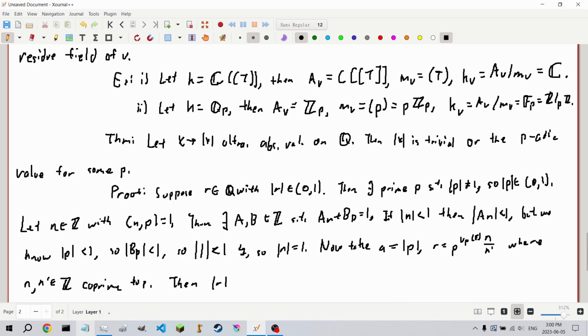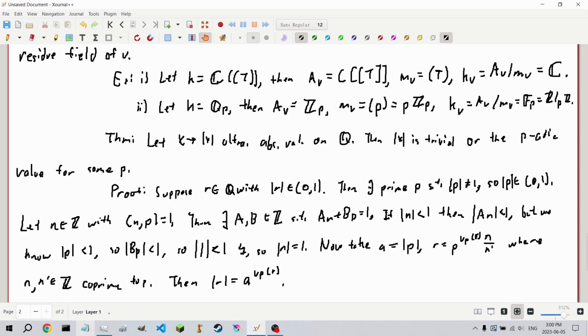Then the absolute value of r is a to the p-valuation of r. And we're done. And this comes with a direct corollary.